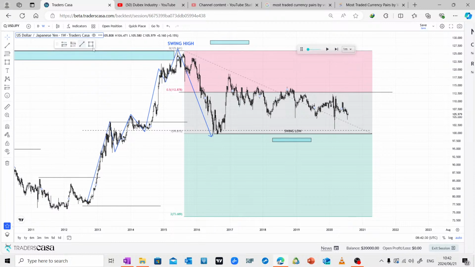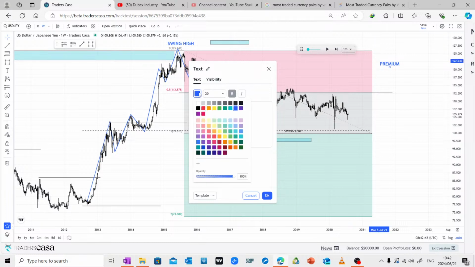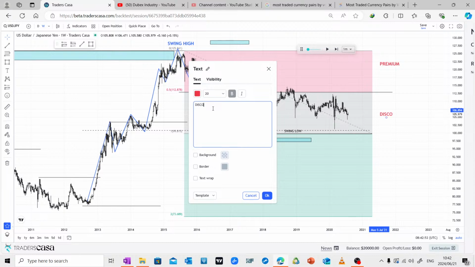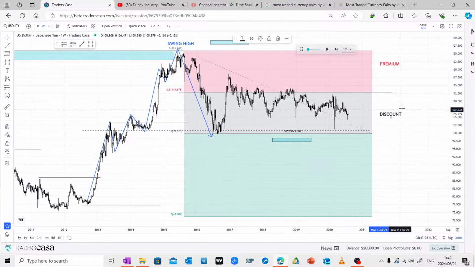So this is premium, right? And then let me change the color to red. Red is premium, and then what else do we have? We have discount right here. So this is discount, and then we color it black, right?